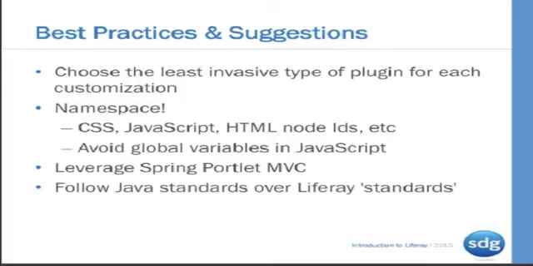Namespace. Other than the life cycle difference between portlet development and standard web application development, that's the biggest thing to remember. You create an ID called name. It's shared on this page with any other portlet that decides to have an ID called name. So namespace everything. Same with your JavaScript.